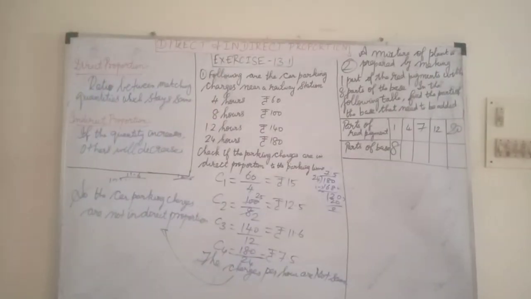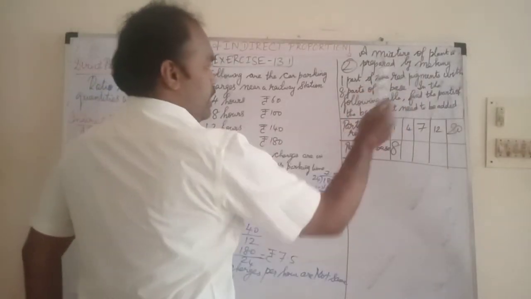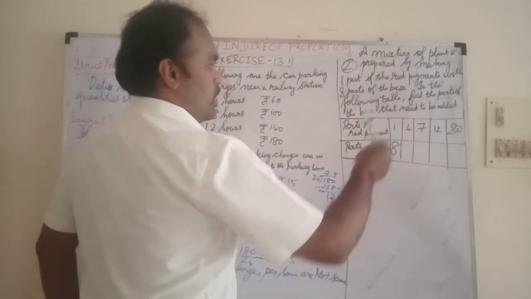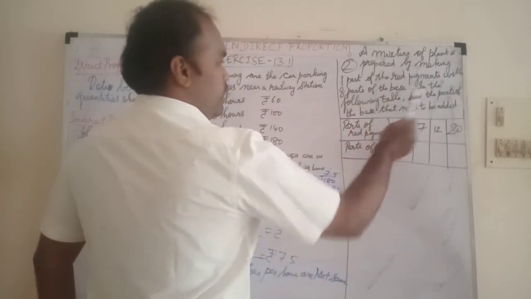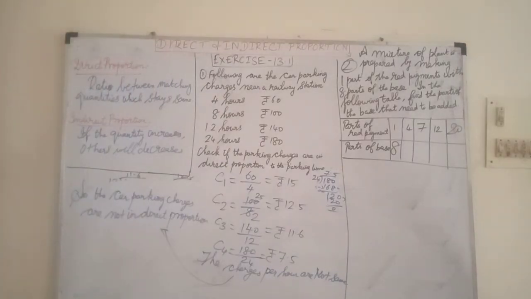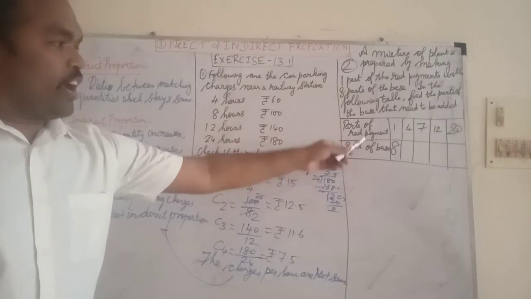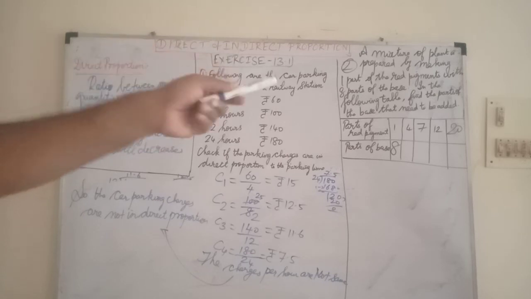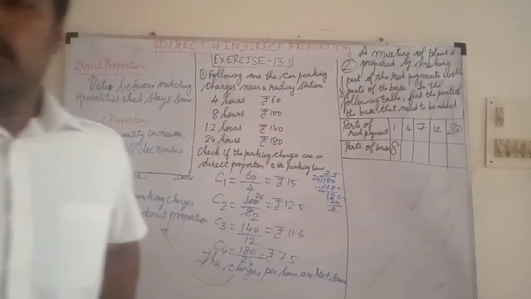The next one is the second problem. A mixture of paint is prepared by mixing 1 part of red pigment with 8 parts of the base. In the following table, find the parts of the base that need to be added. We need to find the ratio, and finally check the values for 4, 7, 12 and 20.